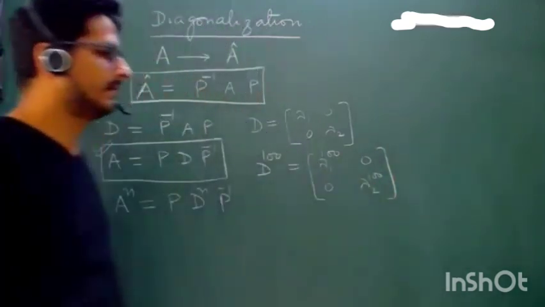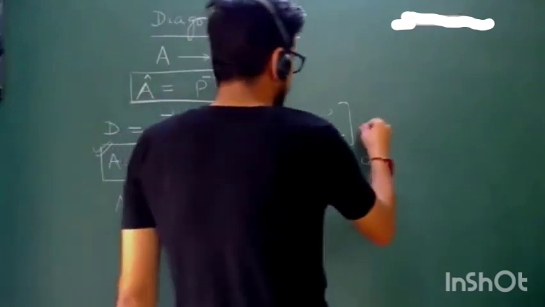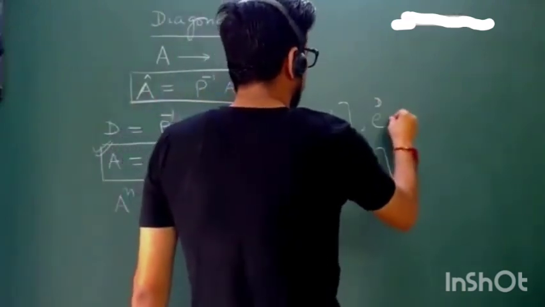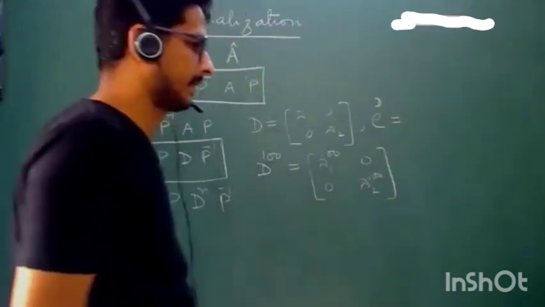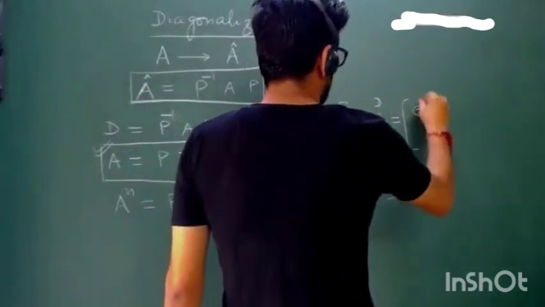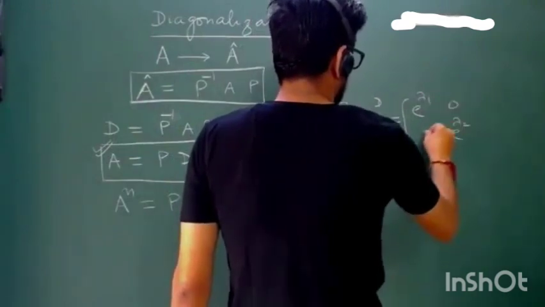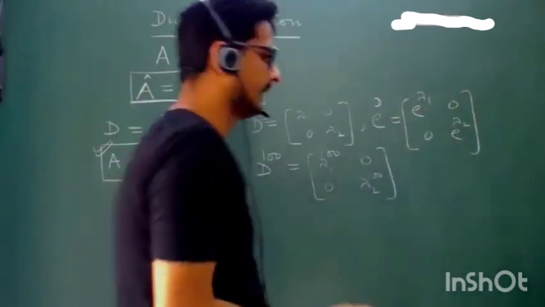So the functional value of D is very easy to write. Or if I want to write e to the power D, it will be just translated to e to the power lambda 1, e to the power lambda 2 and 0, 0.